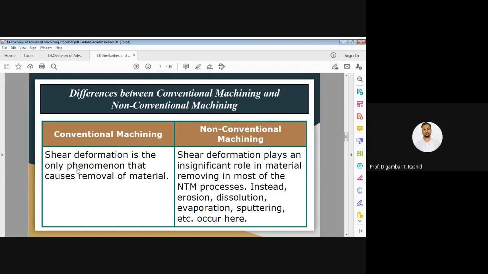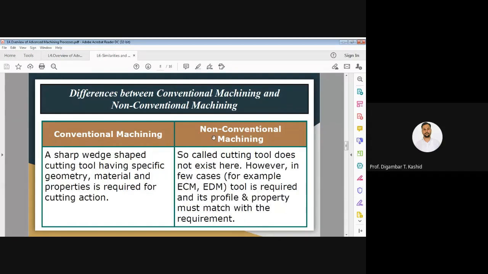But in non-conventional machining, shear deformation plays an insignificant role in most processes. Instead, we have different causes like mechanical erosion, chemical dissolution, electrochemical dissolution, and melting and evaporation. In ion beam machining, we have sputtering. These occur while removing the metal in non-conventional machining.